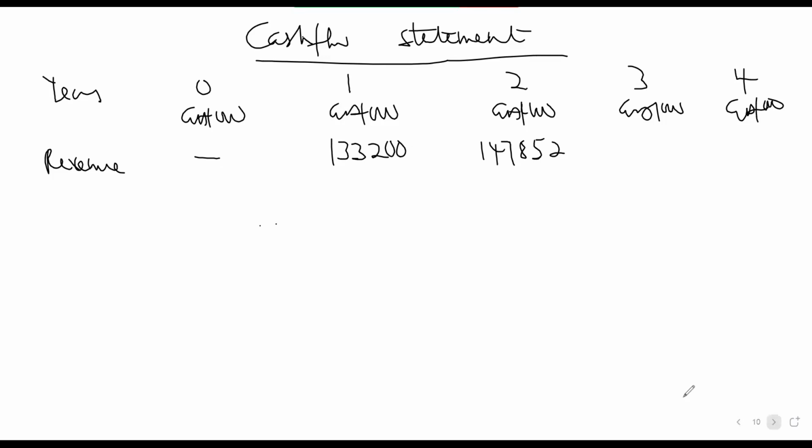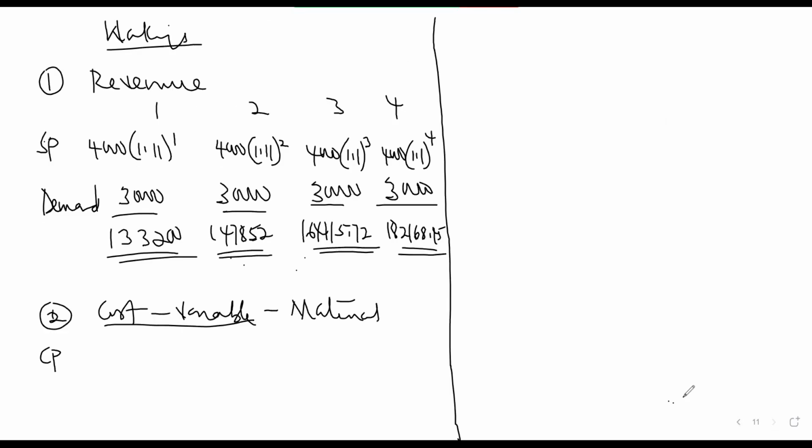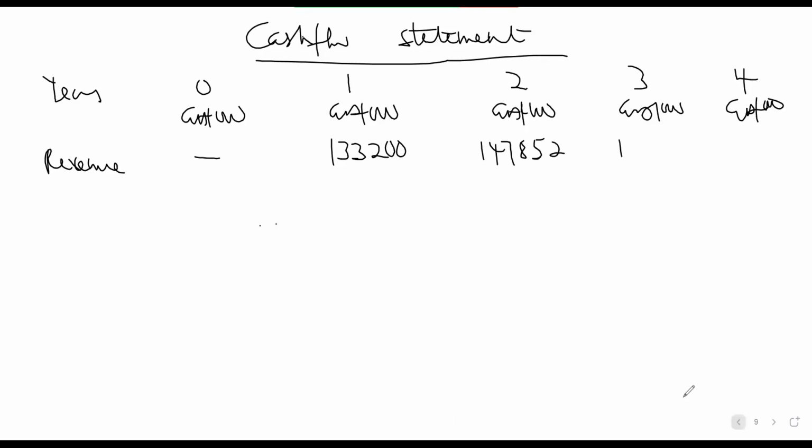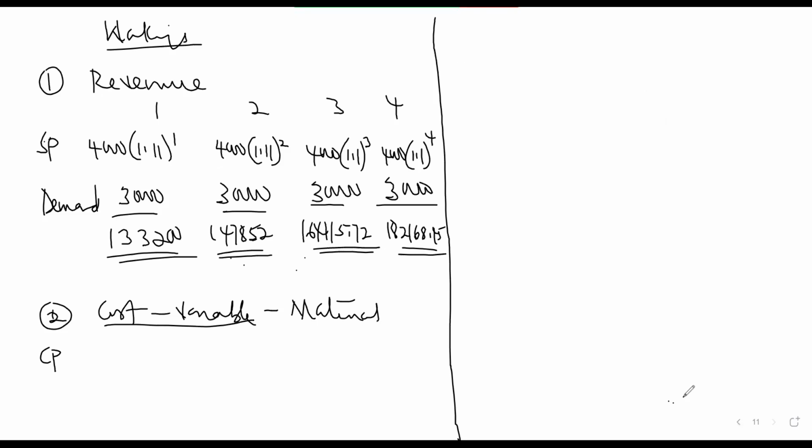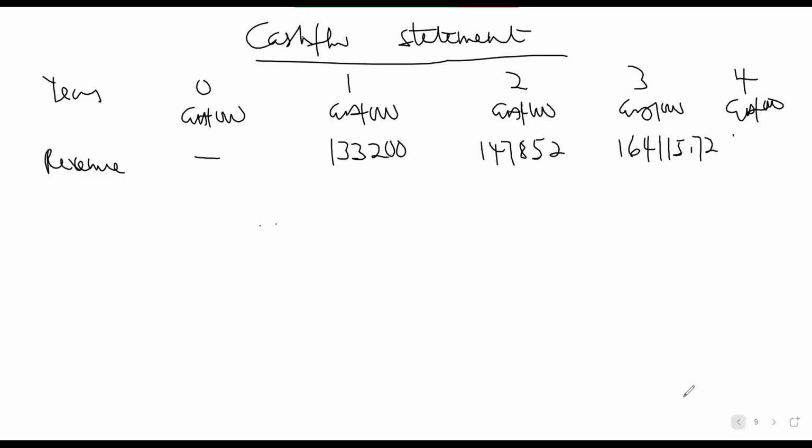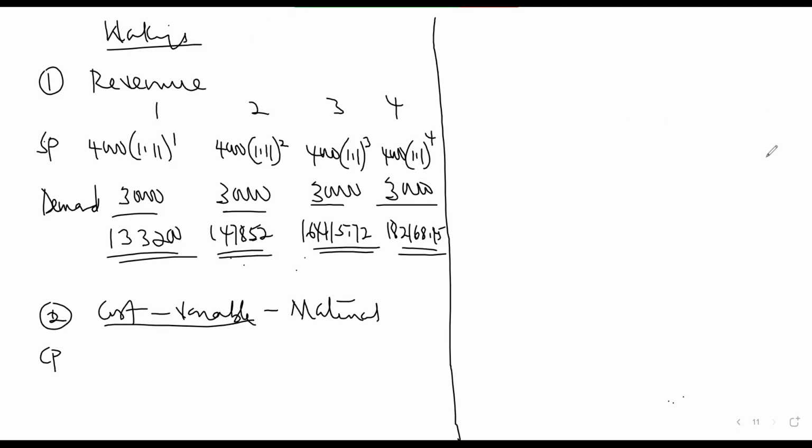Okay. Year 3 is what? 164,115.72. Okay, the last year, 182,168.45. Okay, so we now go to material cost.